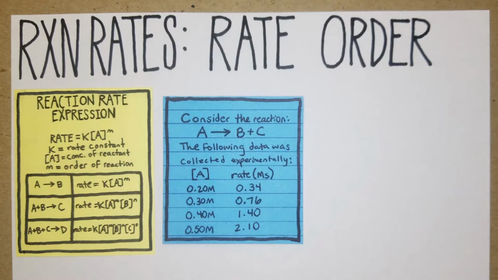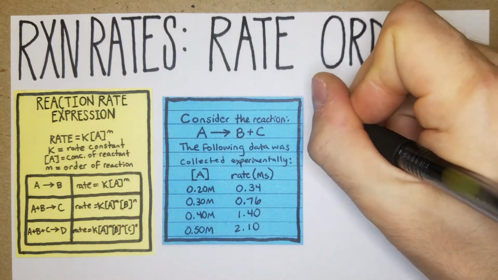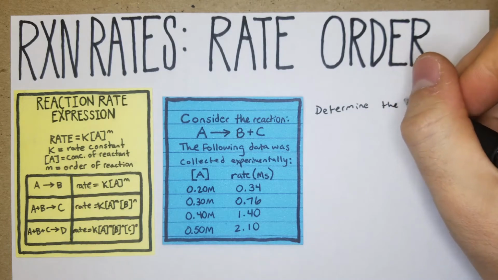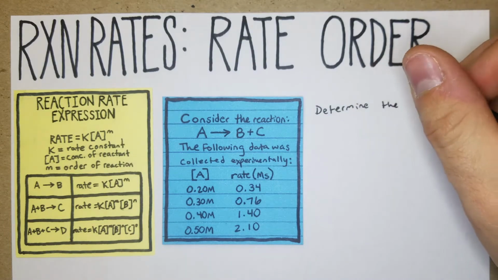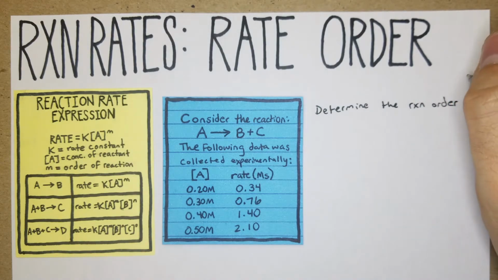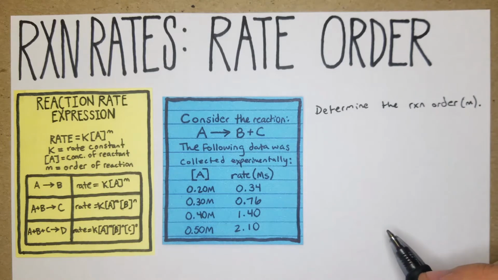For this first one, consider the reaction A yields B plus C. The following data was collected experimentally, and it asks us to determine the reaction order, M. Pretty straightforward. There's only one reactant, so we're only looking for the order of that one in particular. Here's how we're going to do it.